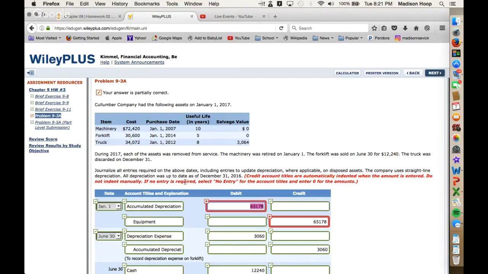For accumulated depreciation, you're going to take the cost minus the salvage value, divided by the useful life in years, and then multiply that by how many years it's been in service. So if it's been in service for 1 year, you multiply it by 1, so it'll just be that. If it's been 2 years since you had it, you'll multiply by 2 instead.